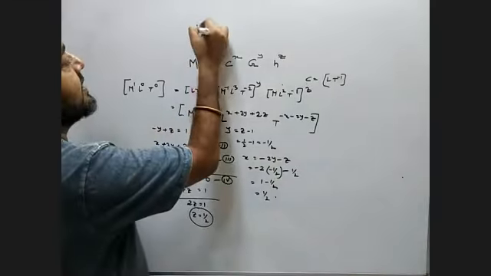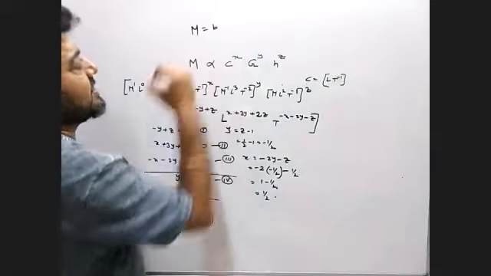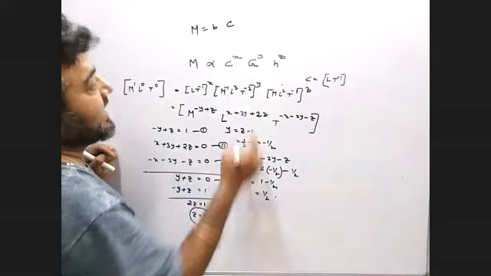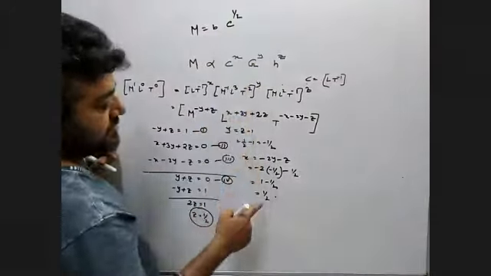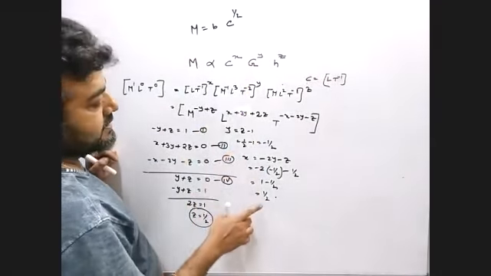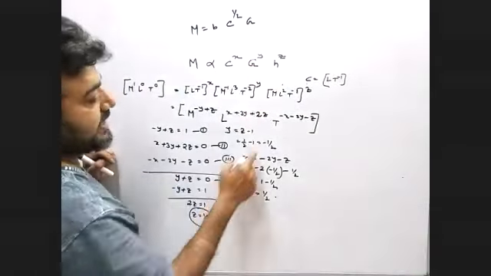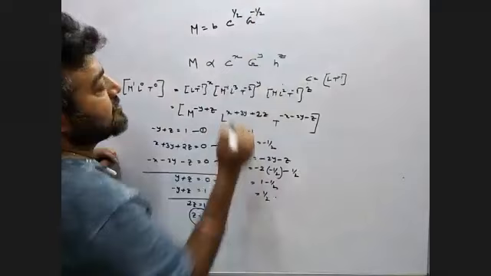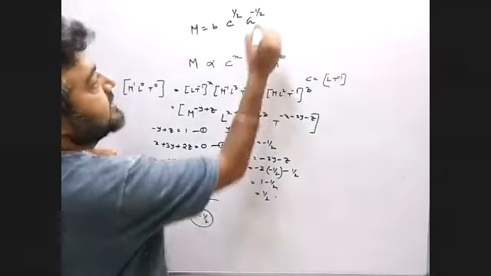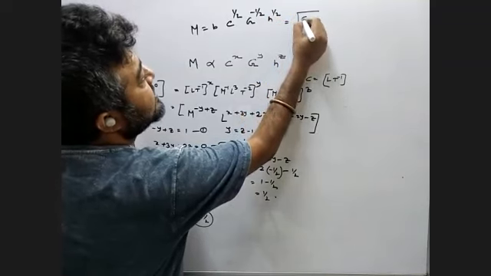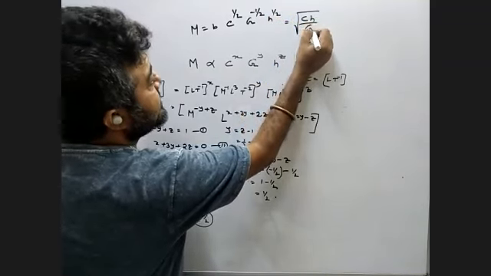So we can write, m is equal to any constant if you want to write, then c to the power x, x is 1 by 2, then g to the power y, y is minus 1 by 2, and h to the power z, z is 1 by 2. So what we have is root under ch by g.